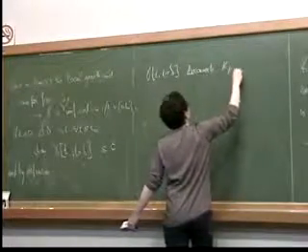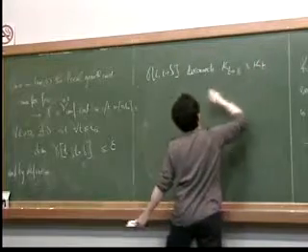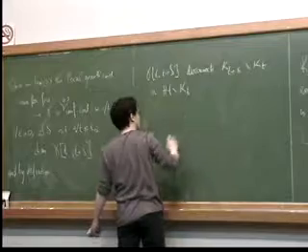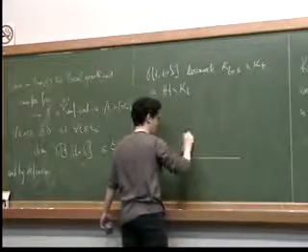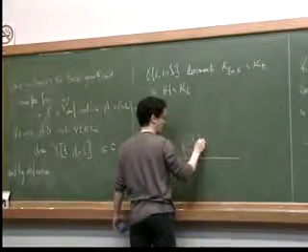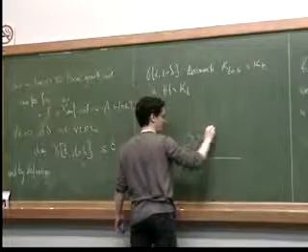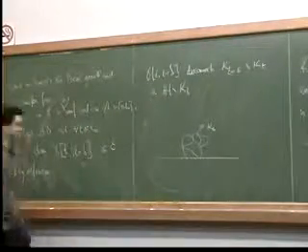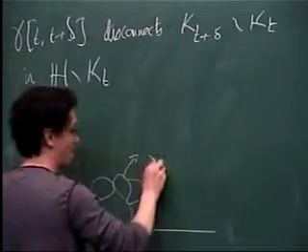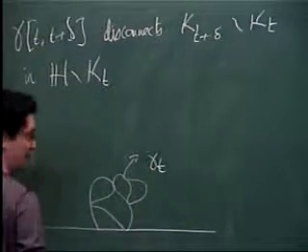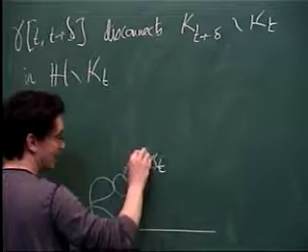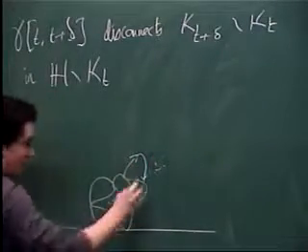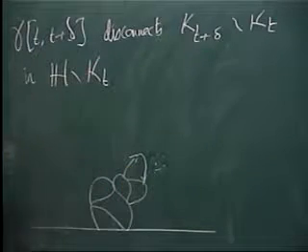disconnects K_{t+delta} minus K_t in H minus K_t. So what I'm saying is, if you know that your set K_t is defined by a curve gamma_t, then even when K is going to swallow something big, it is created itself by gamma.